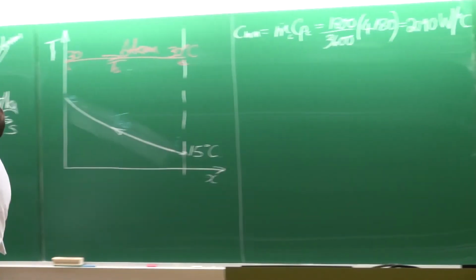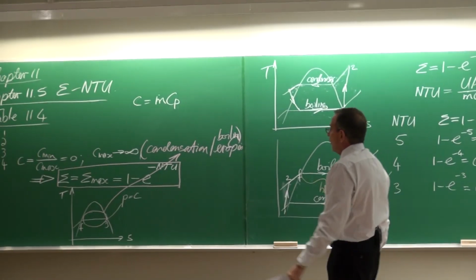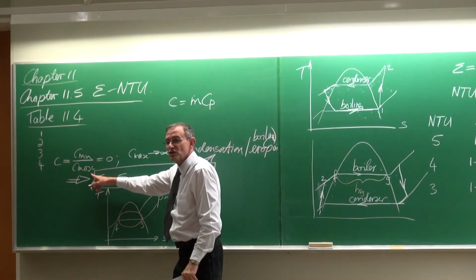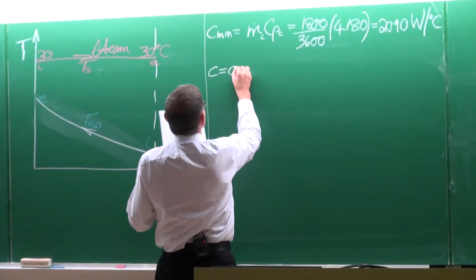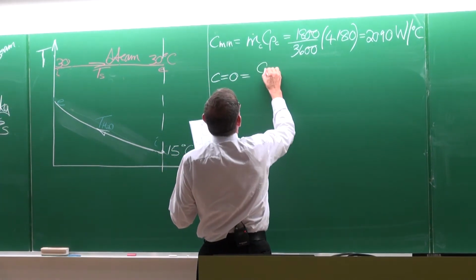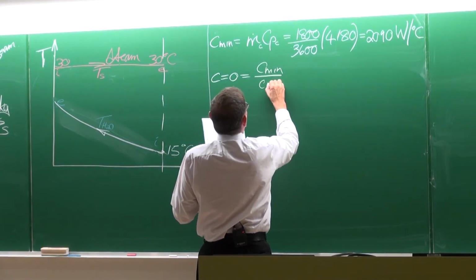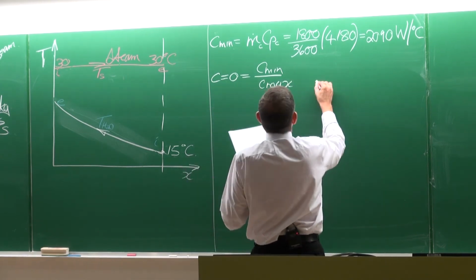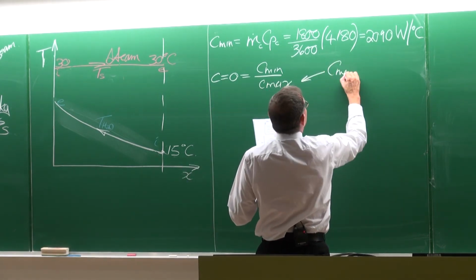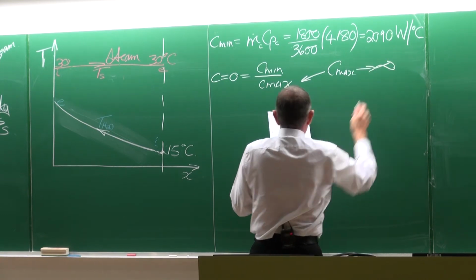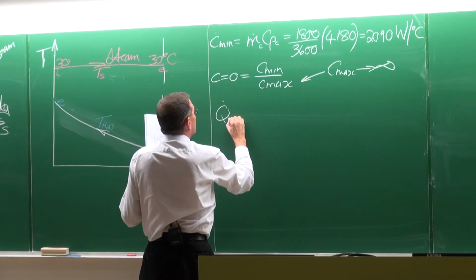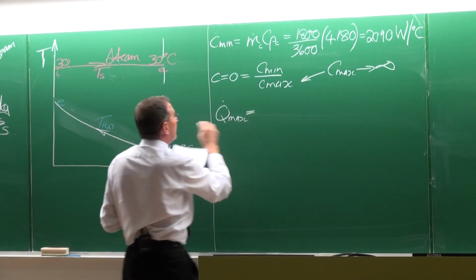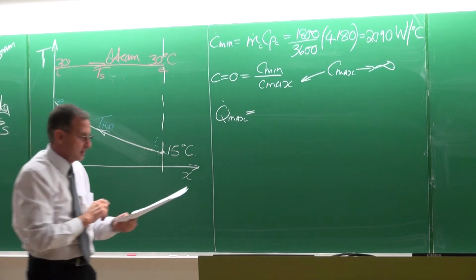Then, noticing this observation that was written here in terms of C minimum divided by C maximum, we can now do the same. We can say C is equal to 0 because it is equal to C minimum divided by C maximum, because C maximum is infinite, and therefore it has been derived previously for the effectiveness-NTU method.